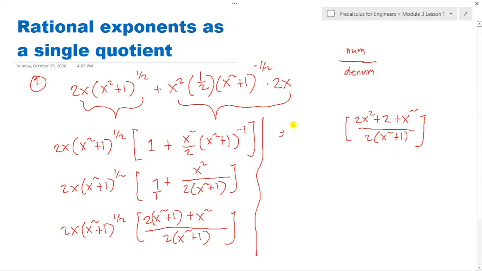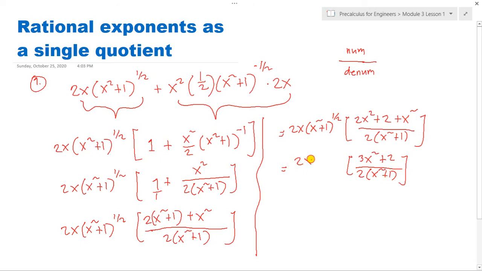So in this case, let's write again 2x times x squared plus 1 raised to 1/2. So in this case, next is 2x squared plus x squared, which becomes 3x squared. So we have here 3x squared plus 2 all over 2 times x squared plus 1.